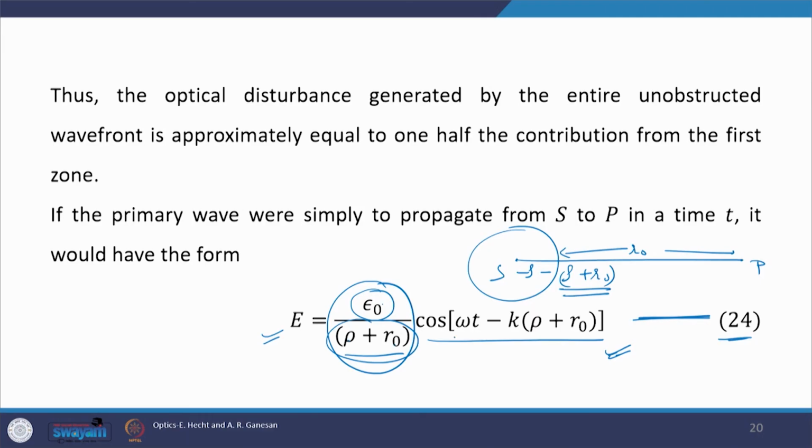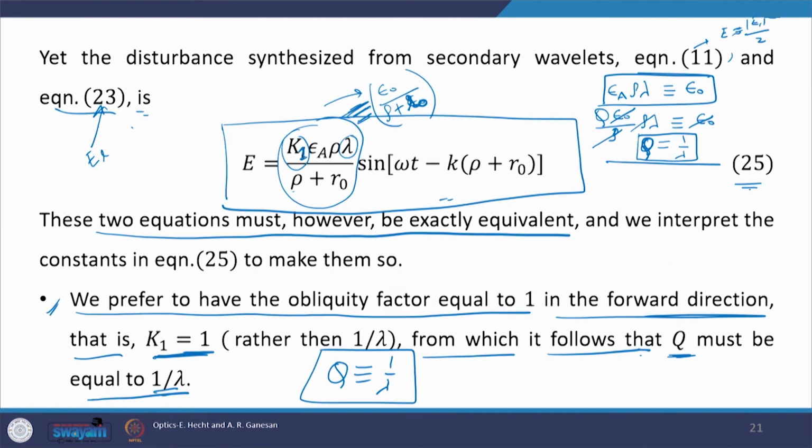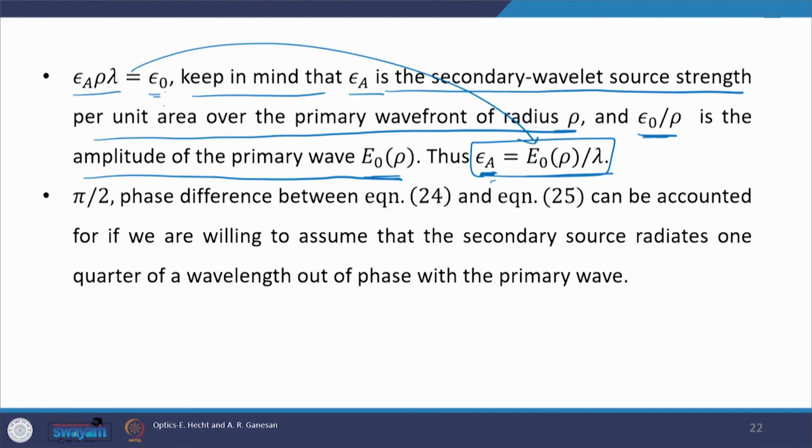Now, let us go again to equations number 24 and 25. In equation number 24, we have cos of omega t minus k rho plus r naught, while in equation number 25, we have sin of omega t minus k rho plus r naught. Okay. In equation number 24, we have a cosine term, while in equation number 25, we have a sine term.